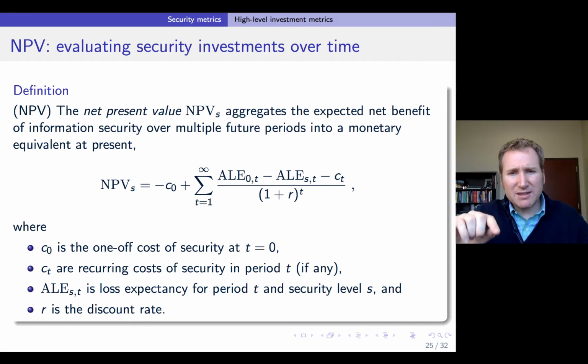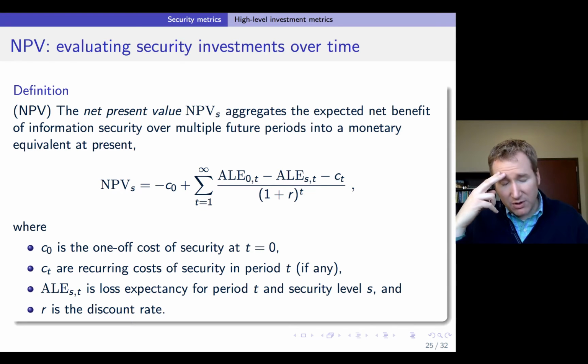So r ends up being your discount rate, and it's how much you discount the future value of money based upon how far into the future the event occurs. You can sum this up potentially infinitely, and so long as r is positive, it should still converge.